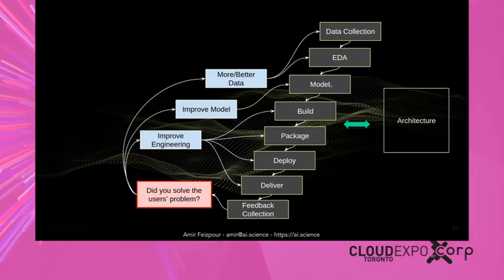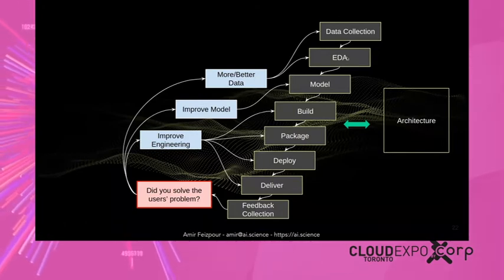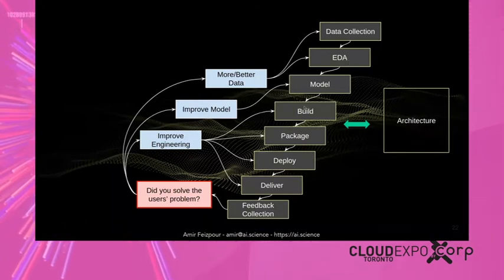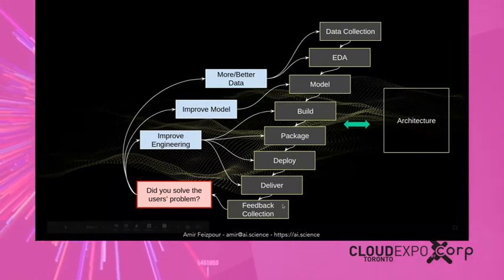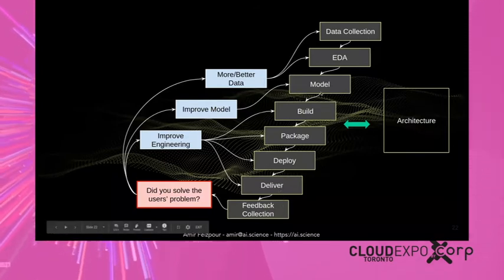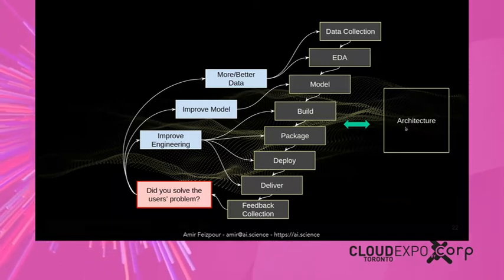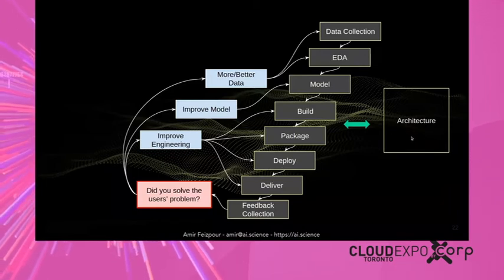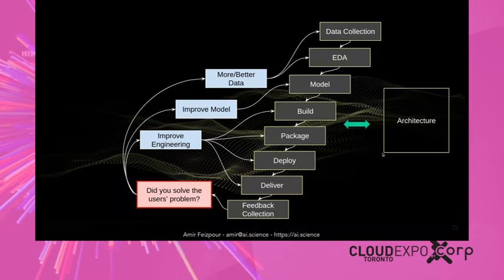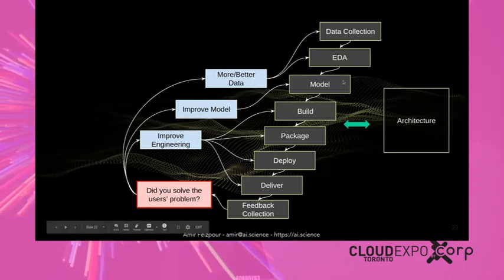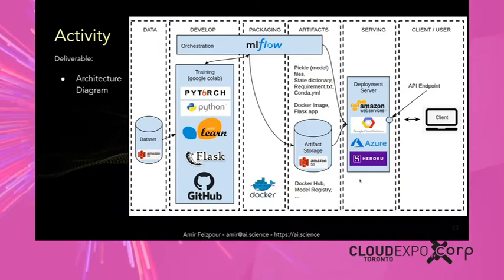People spend a lot of time thinking about the data and exploration and the model, and even get into deployment, but they never really think about architecture until very, very late, at which point they might have made decisions that are not compatible with the architectures and infrastructures that they have. So thinking about architecture upfront is extremely important as well, because that will really guide what kind of pipeline you can build. And this is an example of the architecture.